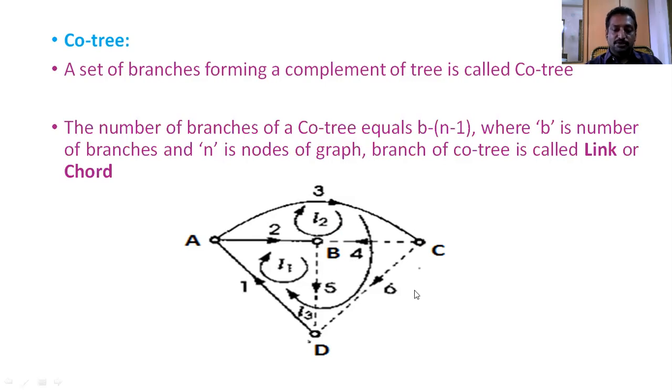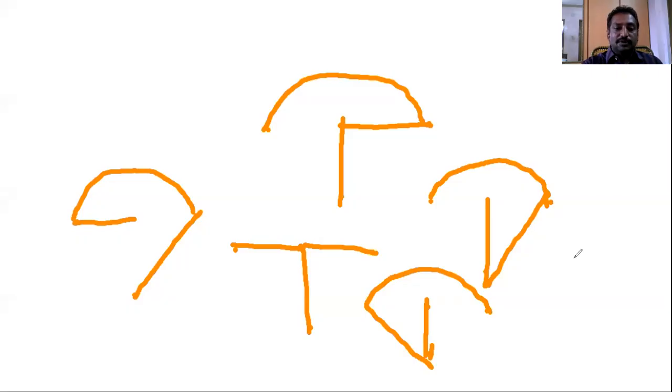6 branches. So here also we can draw these branches. See here, this is the co-tree. Co-tree branches.